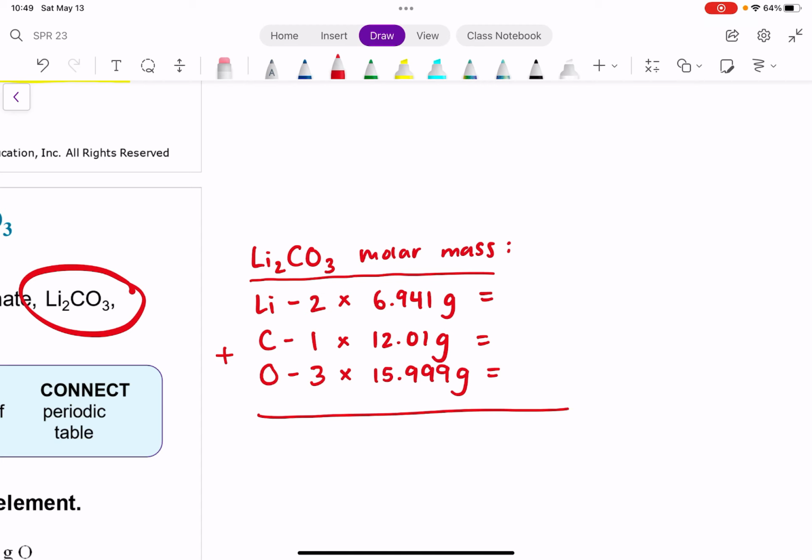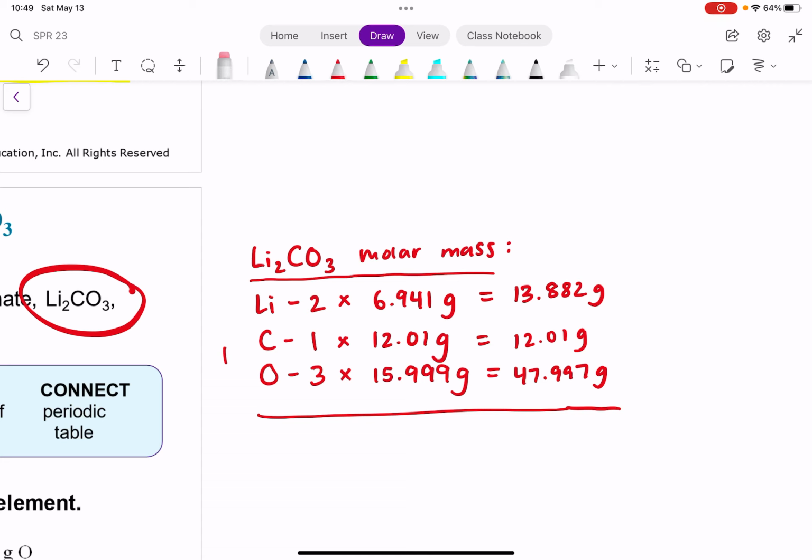We've got 2 times 6.941 grams, that is 13.882 grams. And then I've got, this is just going to be 12.01 grams. And then we have 3 times 15.999, that's 47.997 grams.